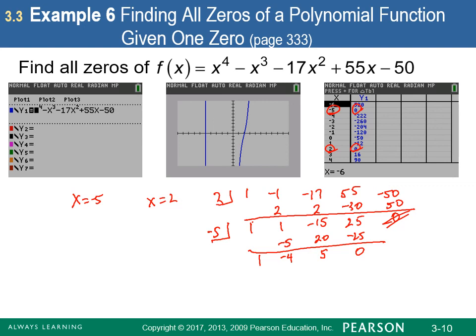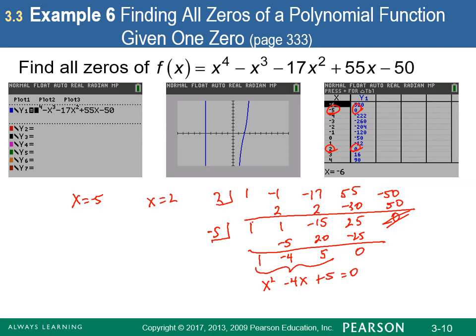So now, as before, we need to take x squared minus 4x plus 5 and solve that quadratic equation. And again, the best way of doing that is with the quad program on our TI graphing calculator. If we don't have such a thing, however, we will need to use the quadratic formula because this does not factor. Now, I'm going to leave it up to you to actually do the solving of this.